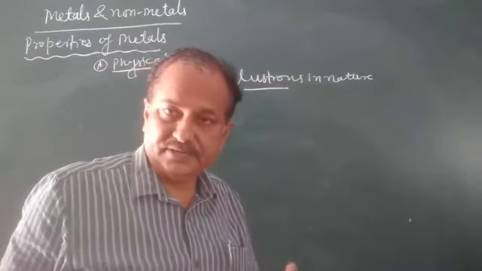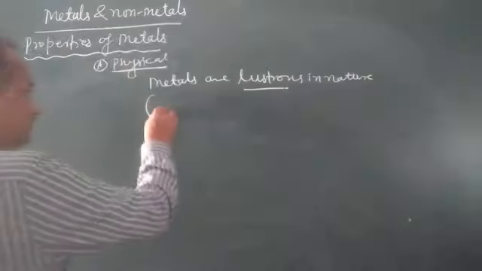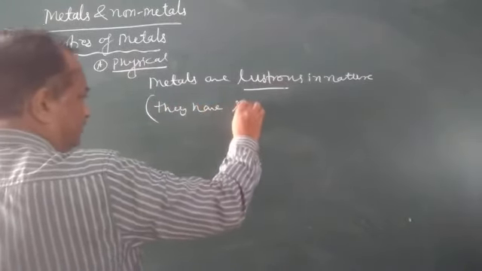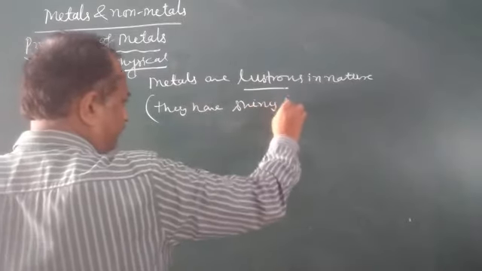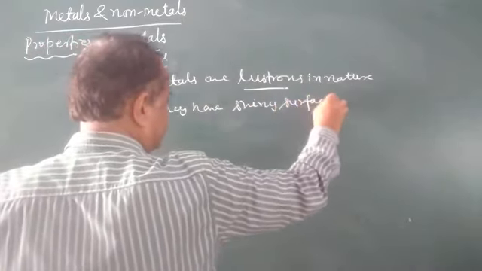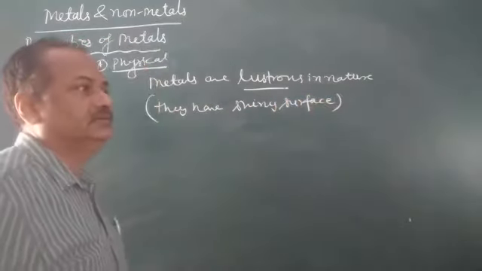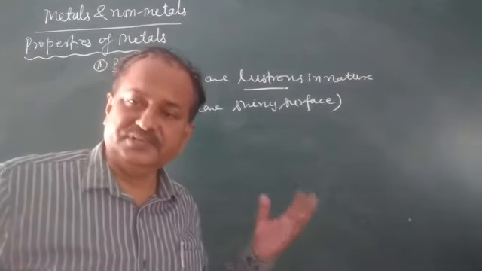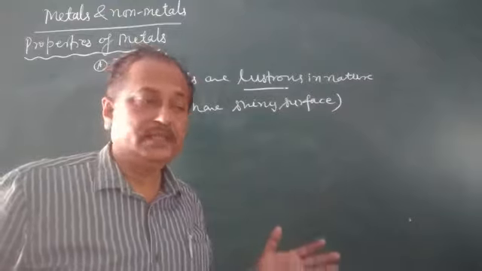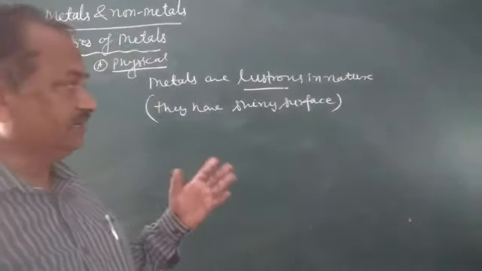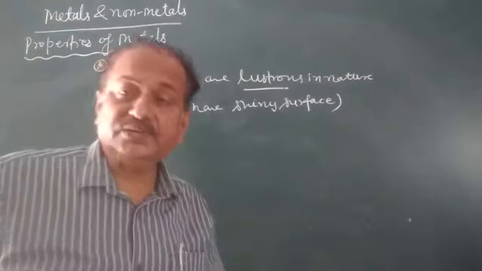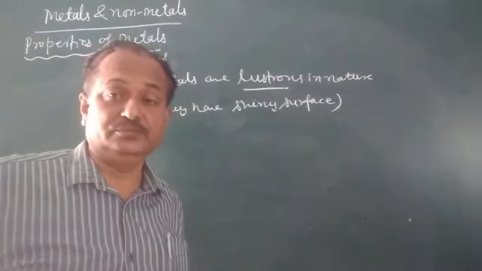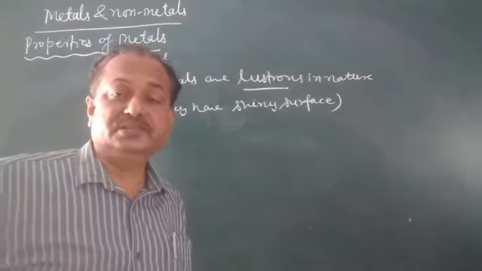They have luster, that is, they have a shiny surface. They reflect the light. This luster is not equal in all metals. Some metals have less, some metals have more.